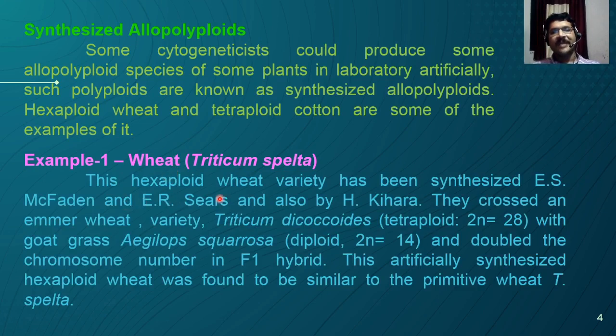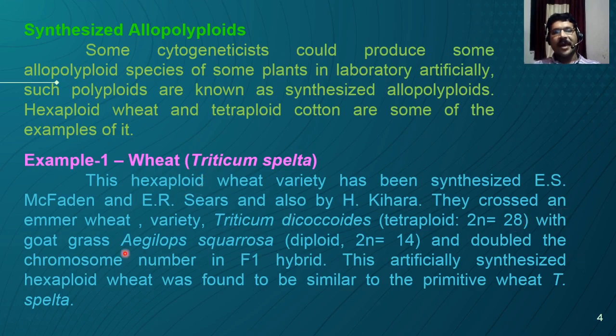This is a hexaploid wheat variety and has been synthesized by E.S. McFadden and E.R. Sears. It is also produced by H. Kihara. Hexaploid means it contains 6 sets of chromosomes.